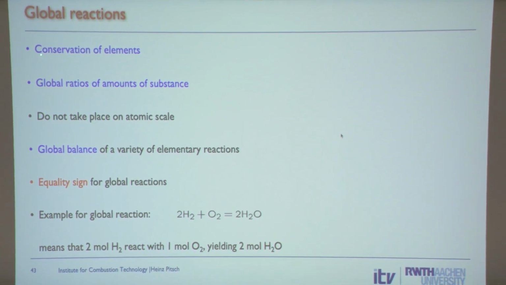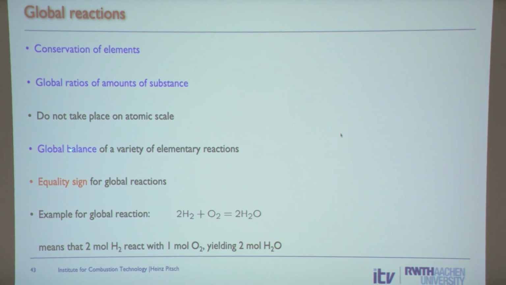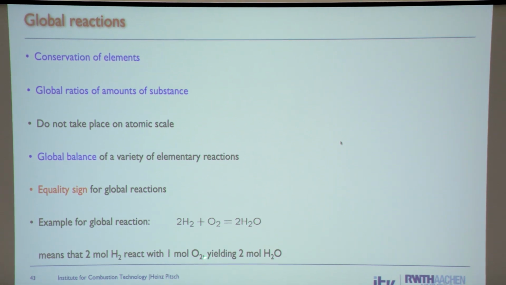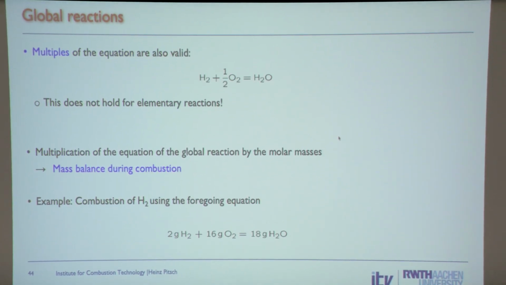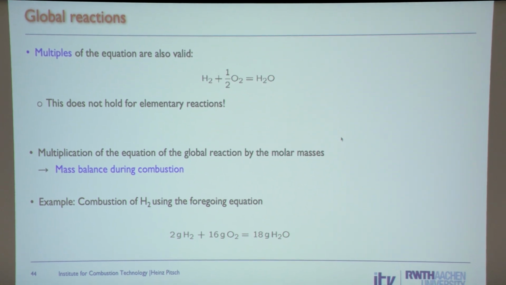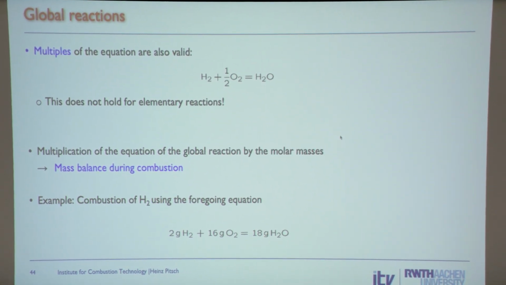Global reactions also observe element conservation. They do not take place on the atomistic scale, and we use an equal sign here. This reaction just means 2 moles hydrogen react with 1 mole oxygen to give you 2 moles of H2O. For global reactions, you can also take half or twice.